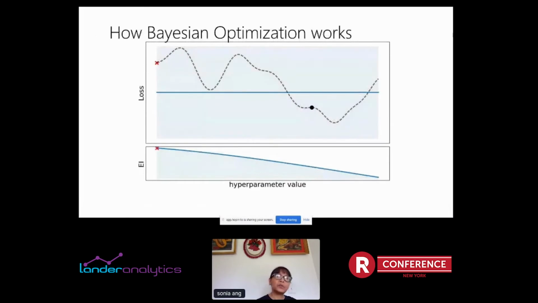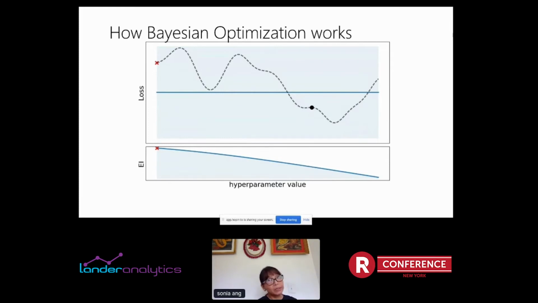Now, let's look at the third one, which is Bayesian optimization. Bayesian optimization differs a lot from random search and grid search in that it improves the search space and speed using past performance, whereas the other two methods are uniform or independent of past evaluation. So with Bayesian optimization, the performance of your past hyperparameters affects the future decisions.